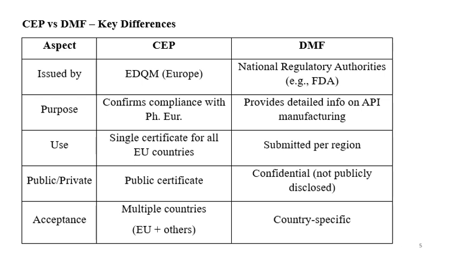CEP is a single certificate for all EU countries. DMF is submitted per region. CEP is a public certificate while DMF is confidential and not directly disclosed to the public. CEP is accepted in multiple countries like Europe and others. DMF is country specific.